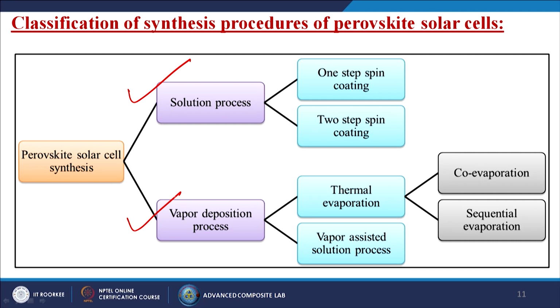The vapor deposition process is also divided into two parts: one is called thermal evaporation, another is called the vapor assisted solution process. Thermal evaporation is also divided into two parts: co-evaporation and sequential evaporation. This way we can divide the whole synthesis process of perovskite materials by this particular chart.